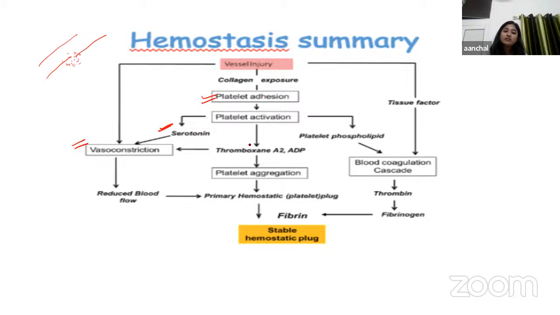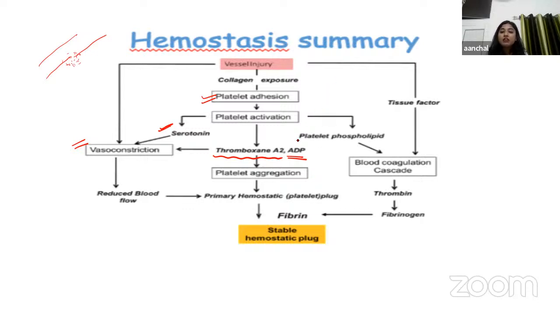And along with this activation, the secretion of thromboxane A2 and ADP will start. This thromboxane A2 and ADP are responsible for more aggregation of platelets, right? As the platelets aggregate, there will be formation of the primary hemostatic plug, or we also call it the temporary hemostatic plug, right?